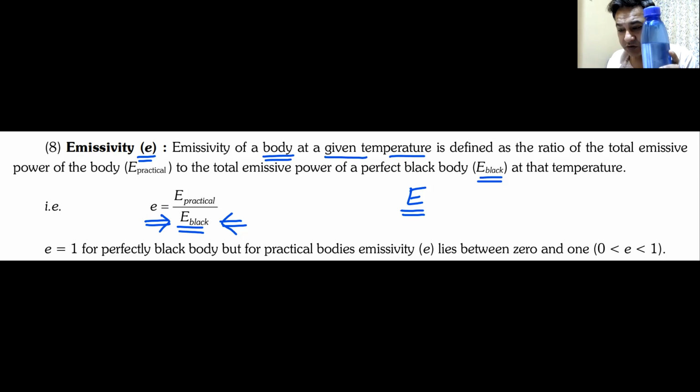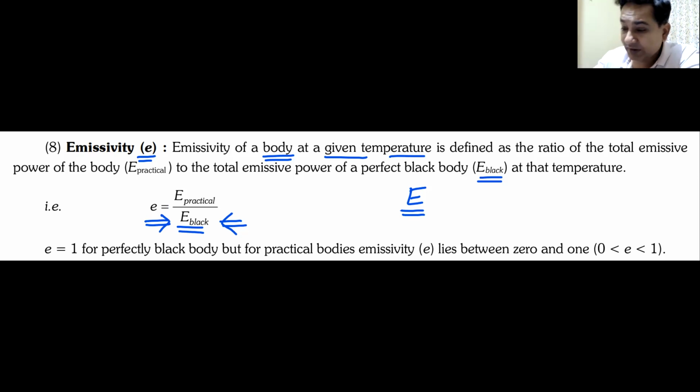Do we remember this? Yes or no? Yes, sir. We know this, that the radiation this emits depends on its temperature. Right. So if I change temperature, the emissive power is going to change. We'll see that in the coming class, maybe today only.